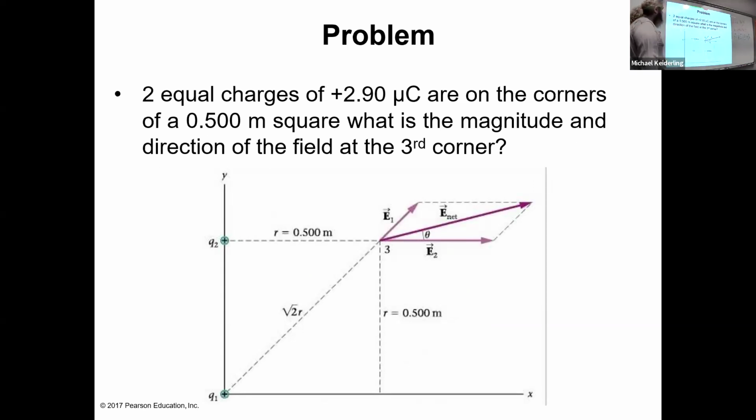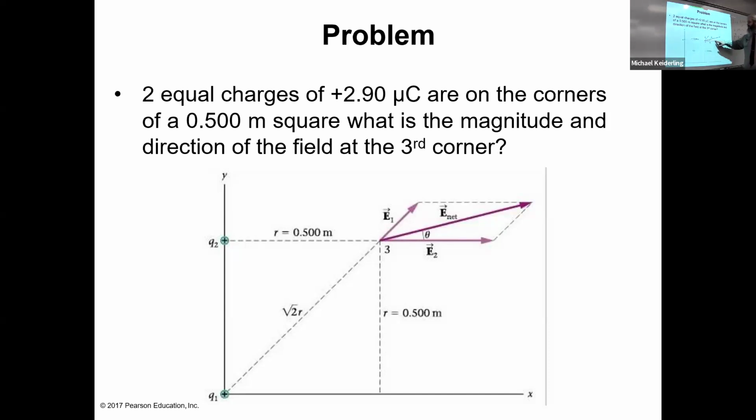So here we have two equal charges of plus 2.9 microcoulombs on the corners of a square, half meter square. And we want to find the magnitude and direction of the field at the third corner. So we're going to be adding up the vectors here.